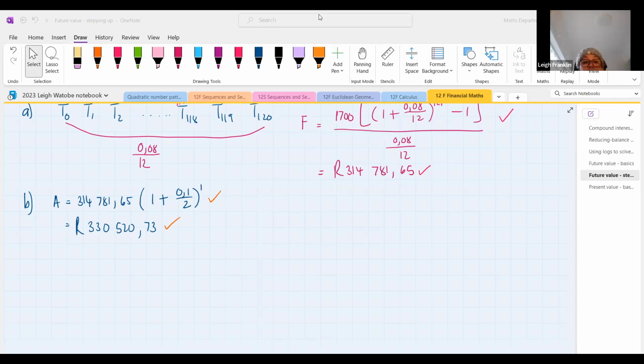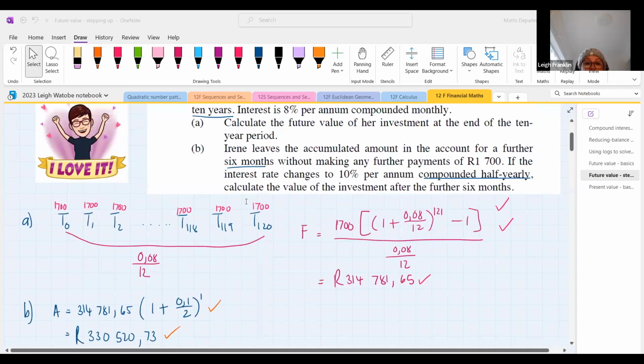Okay, Tuelo, the exponent is 1 because that is the number of times that the interest is compounded. See here, it says she is leaving the money in the account for 6 months.